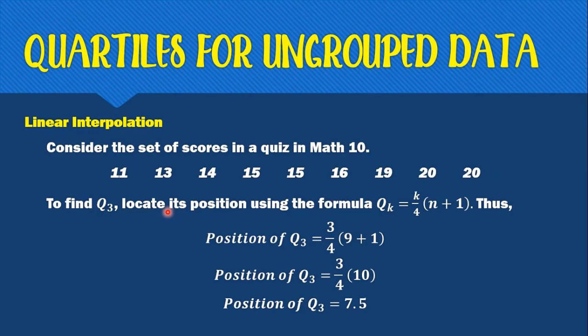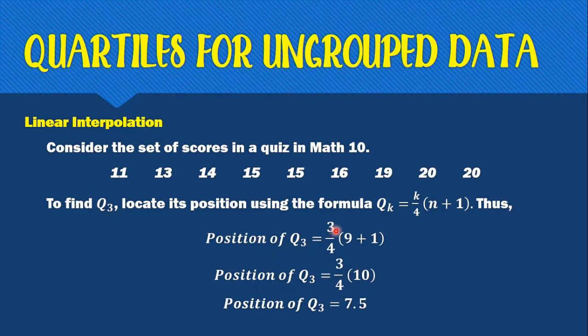The same thing if we're looking for our Q sub 3 or the upper quartile. Make sure that our data are arranged in ascending order, and then we locate the position using the formula of Q sub k is equal to k over 4 times n plus 1. Since we are looking for the third quartile, our k is 3.